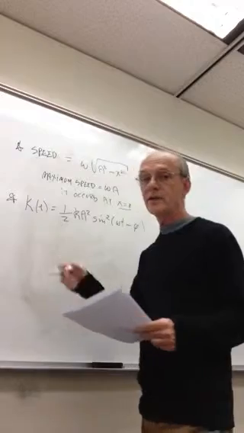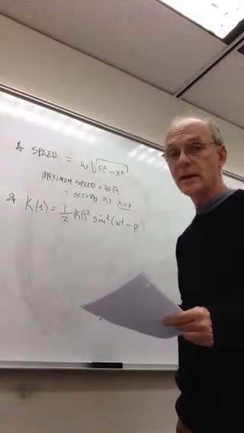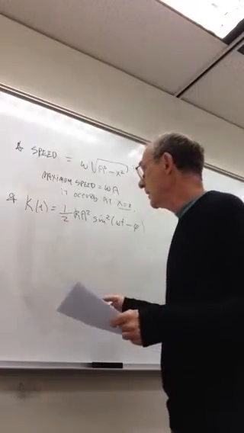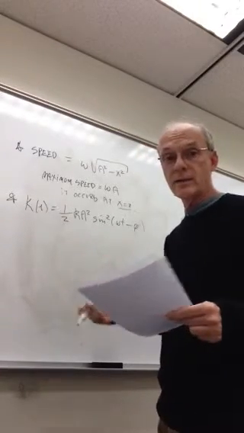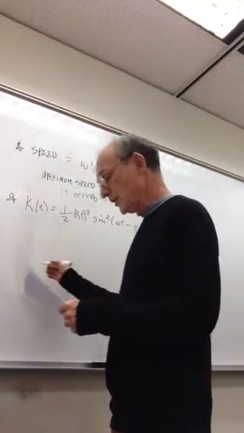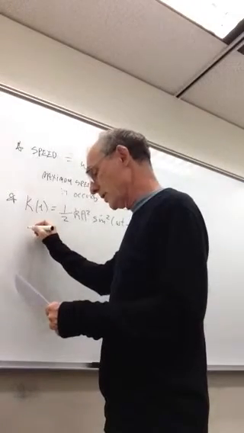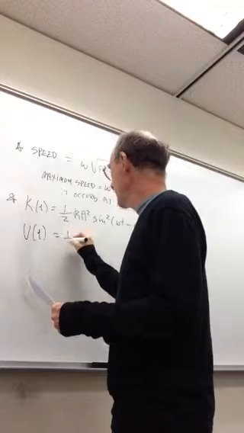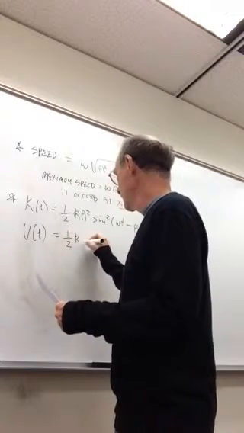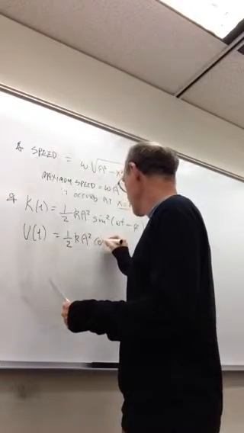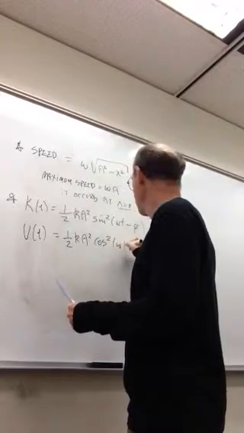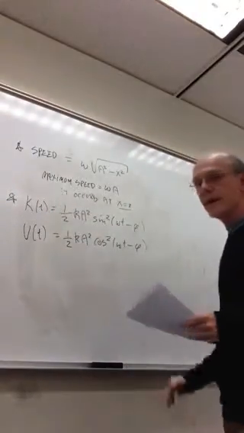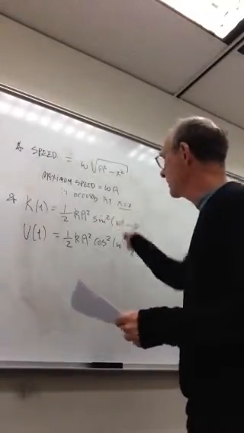But there's also energy stored in the spring, because when the spring is compressed, there's a lot of energy stored in the spring, and when the spring is not compressed, there's 0 energy. So the potential energy, and we use U of t, turns out to be equal to 1/2 k A squared cosine squared of omega t minus phi. Each of these quantities varies with time according to these equations.